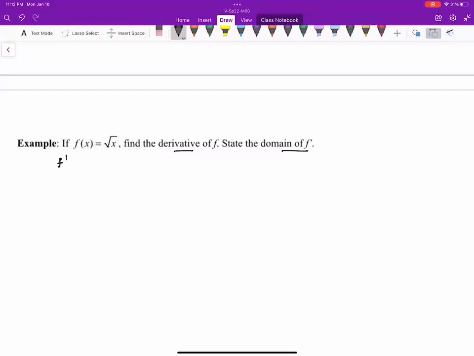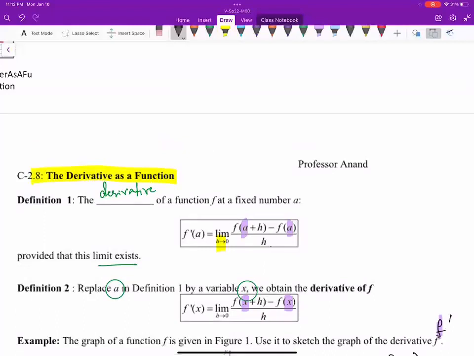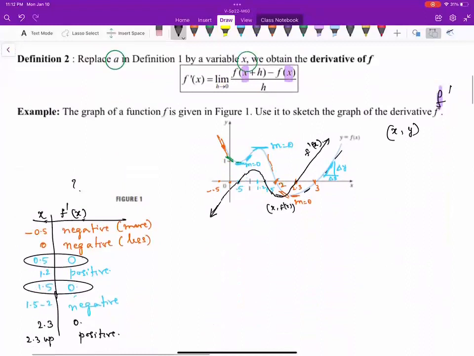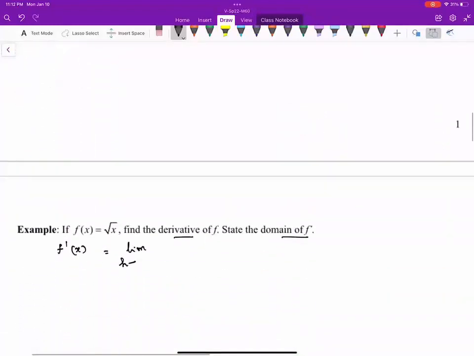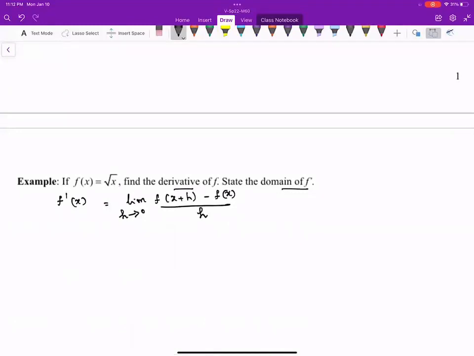We know that the derivative is the limit as h approaching 0 of f of x plus h minus f of x divided by h. You can use this definition.